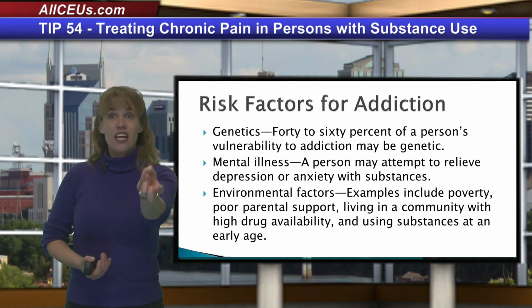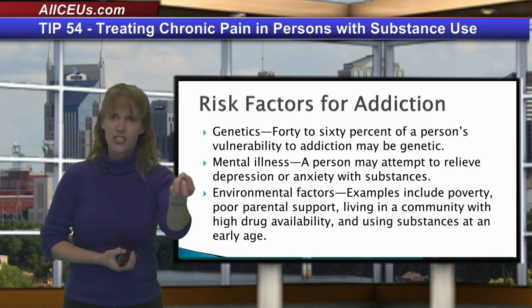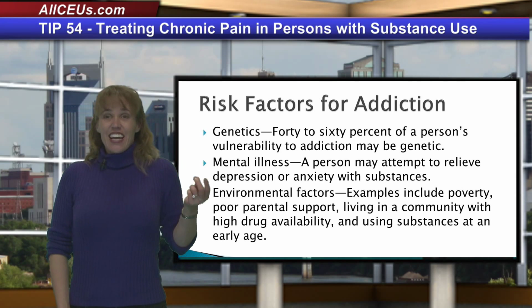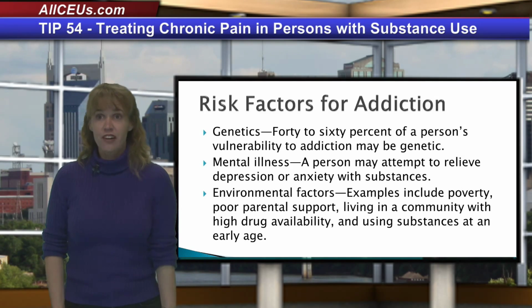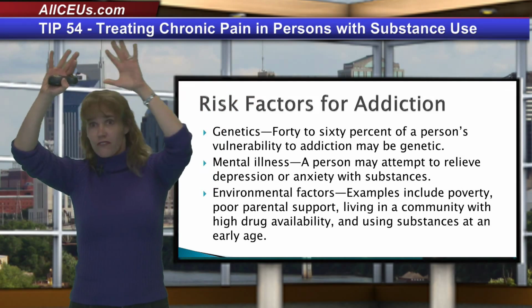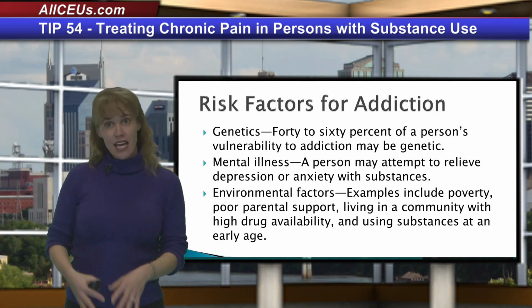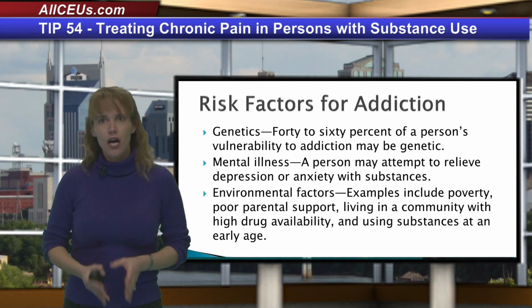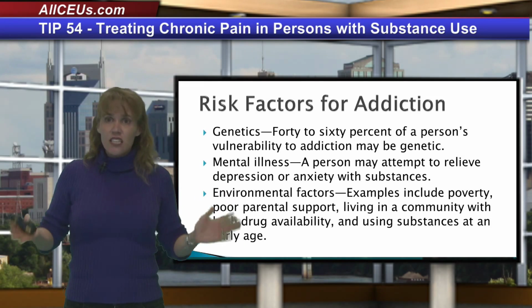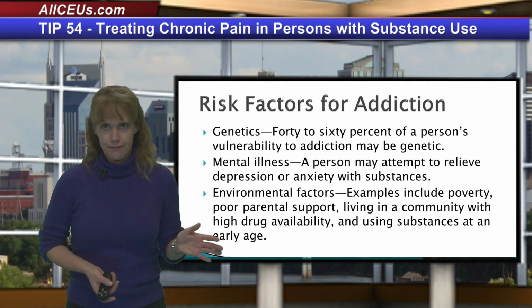So if they have a genetic vulnerability, they have a history of depression, anxiety, or other mental illness, and they have risk factors in their environment for the development of addiction, you've got like 3 big red warning flags going, let's think about how we're going to treat this pain so we don't set this person up to become addicted. Lots and lots and lots of people take opiates and don't become addicted.